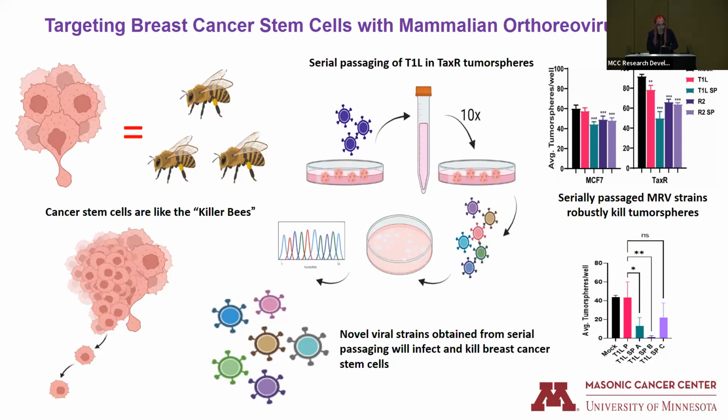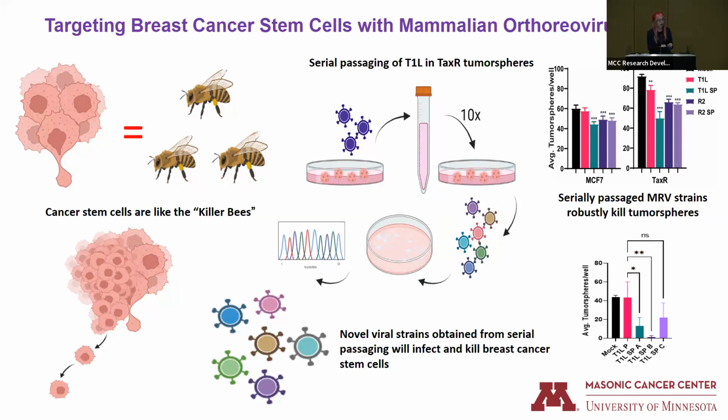Our ongoing studies focus on characterizing the MRV strains. Ultimately, we want to elucidate the cell death mechanisms elicited by MRV. So, in conclusion, oncolytic viruses can be used as tools to study breast cancer stem cell infection and killing.